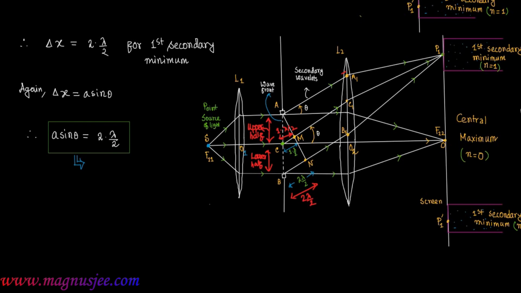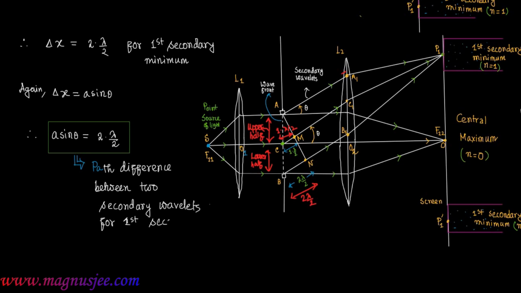That is the path difference between two extreme secondary wavelets or diffracted rays BB1 and AA1 from the sharp corners A and B of the aperture AB, for the formation of first secondary minimum.